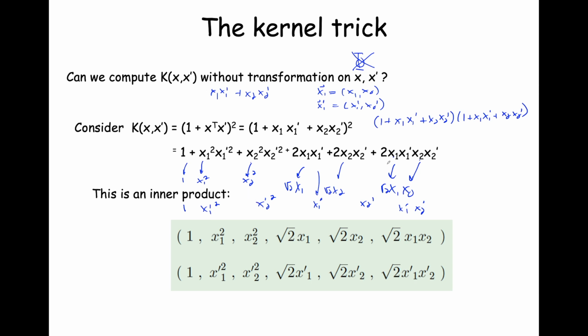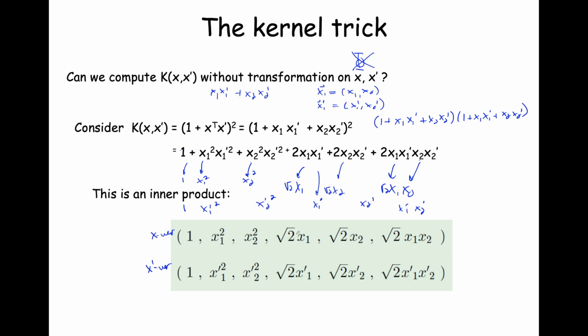Well, this sum you would obtain if you took the inner product between these two vectors. This is the x version, and this is the x prime version. So we have 1 times 1, that's our 1. We have x1 squared, x1 prime squared. Likewise, x2 squared, x2 prime squared.